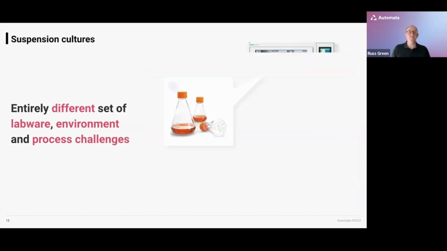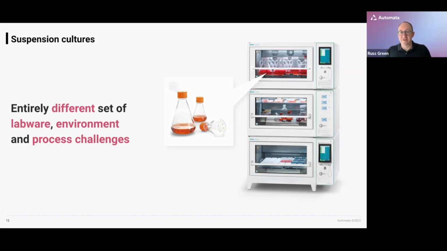Now, everything I've said to this point has been around adherent cultures to some degree. I want to speak about suspension cultures really briefly. It's not my main focus here because most of the projects we have are typically adherent cells. However, suspension cultures present some of the same challenges and then an entirely different set of problems, mainly around the labware in the form of shake flasks or shake tubes, or these kinds of Erlenmeyer flasks that we see here.